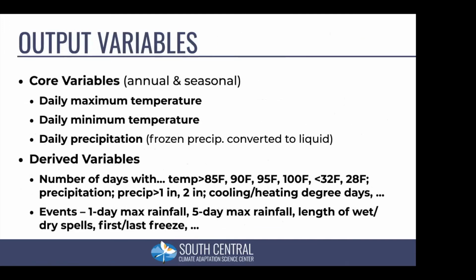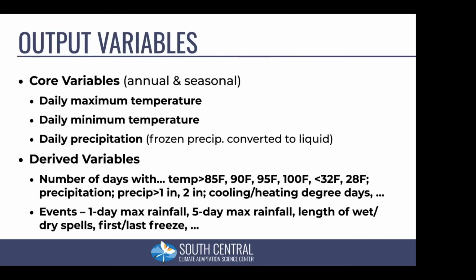So I mentioned before, our three core variables are daily maximum temperature, daily minimum temperature, and daily precipitation. And frozen precipitation amounts are converted to their liquid equivalent in regions where you have snow or ice. But from these three variables, we can generate a host of derived variables because we have the daily output for over 100 years.